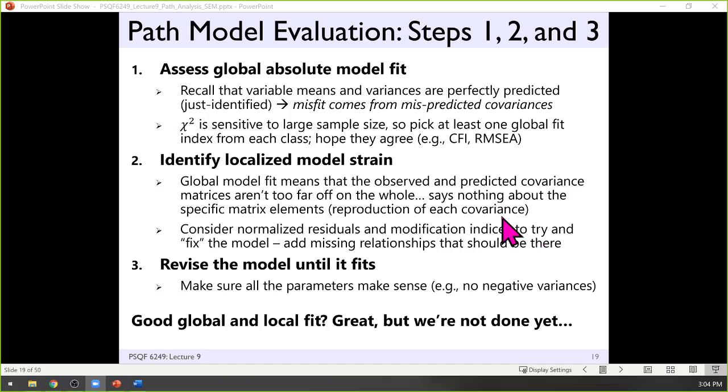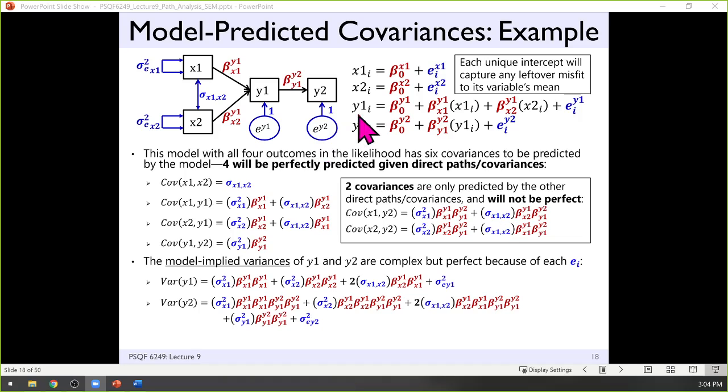And so there are rules about when a model is identified versus not identified. And they're very complicated rules, and I'm telling you, I wouldn't bother learning them. I can tell you by looking at a picture whether the model is identified, whether or not the same relationship is in there twice.